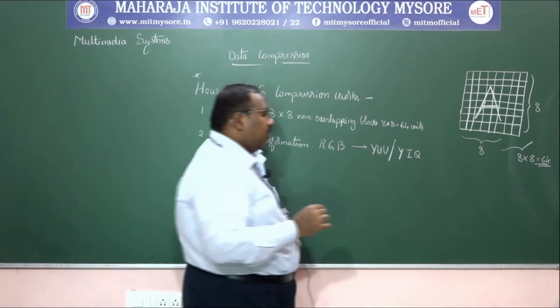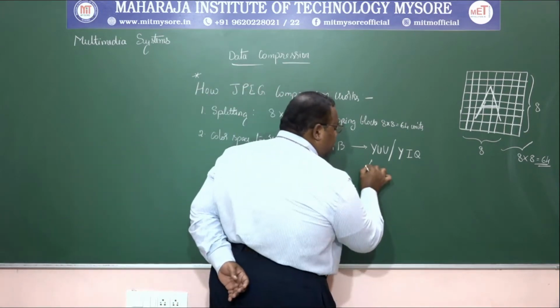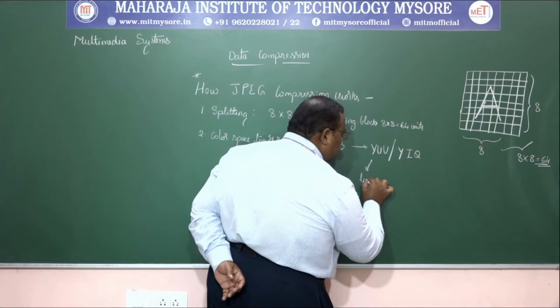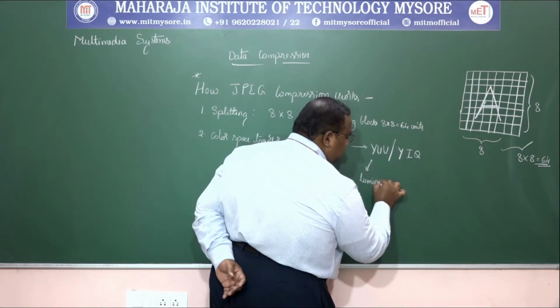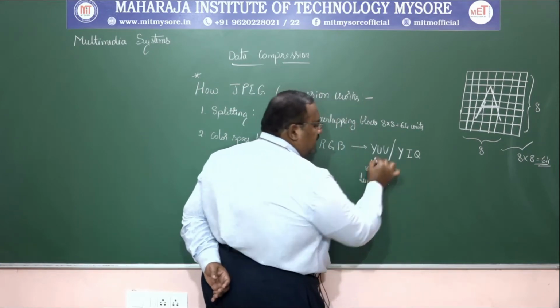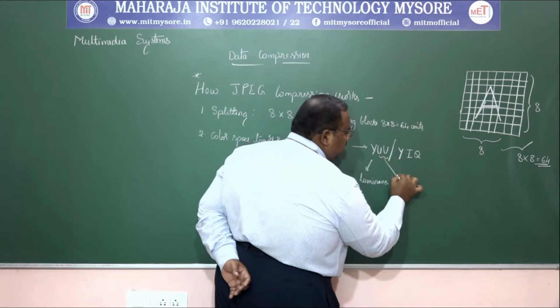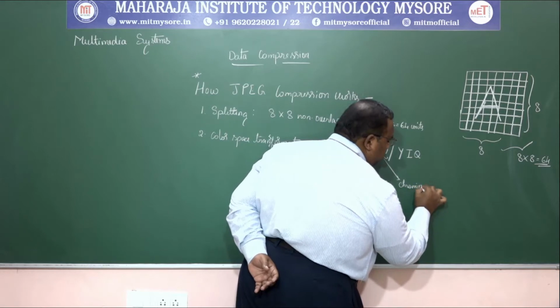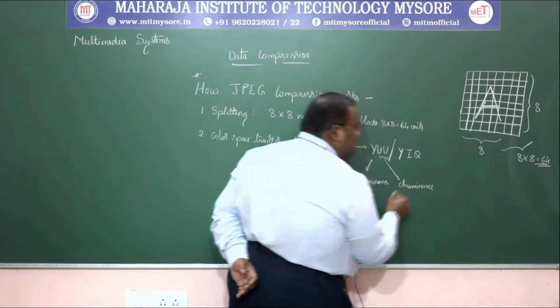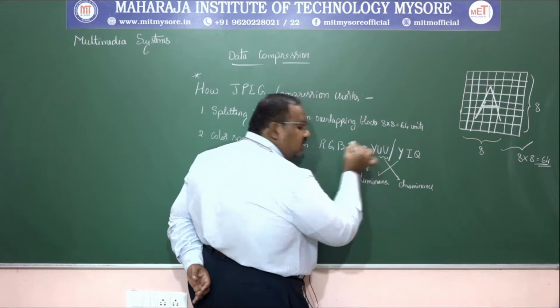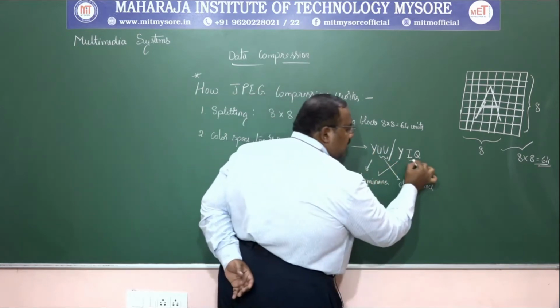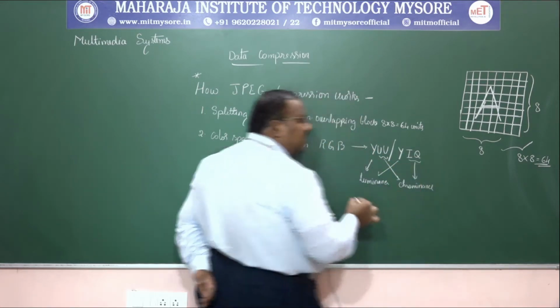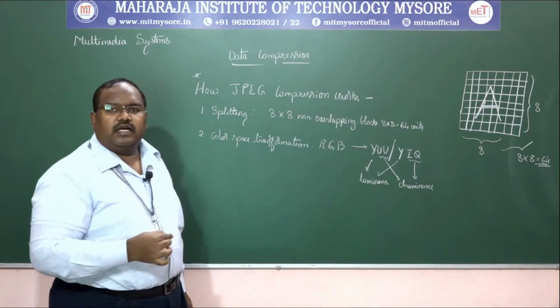Here Y stands for luminance and UV stands for chrominance. Similarly, in YIQ, Y stands for luminance, whereas IQ stands for chrominance. We can use either one of the formats.